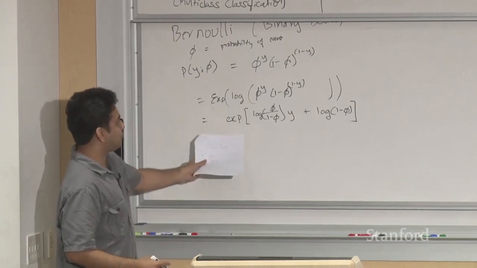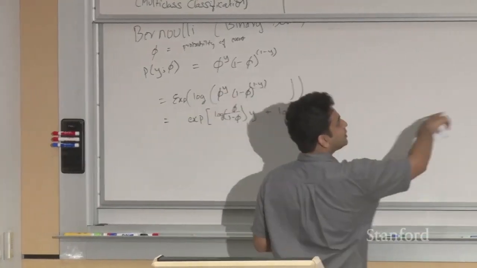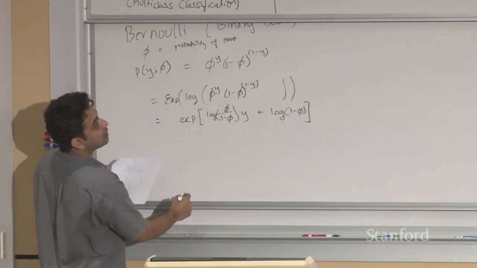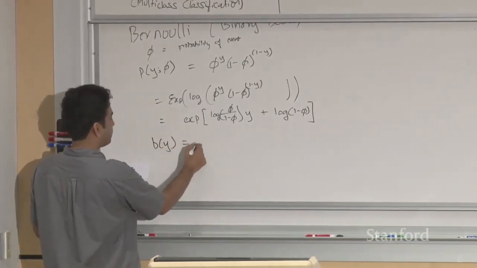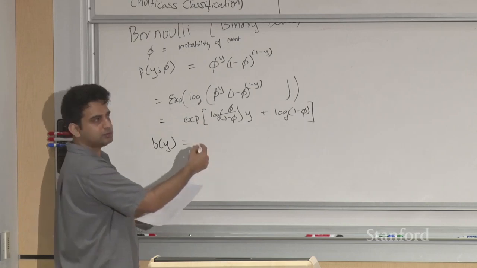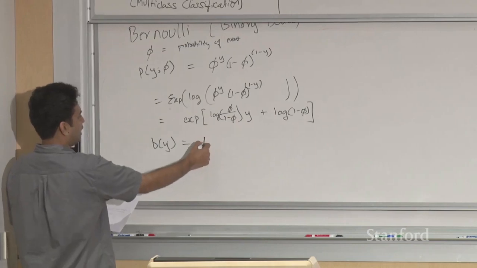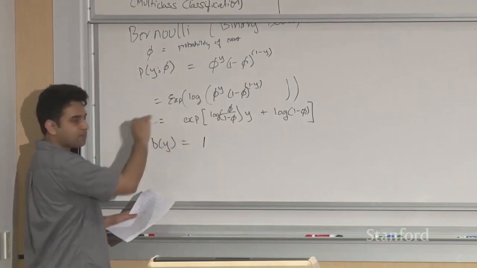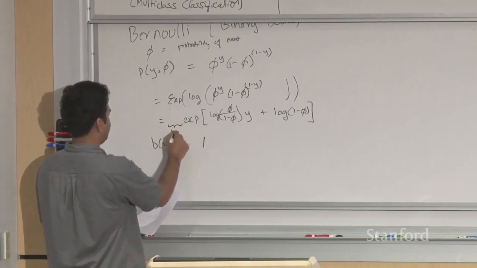But once we have it in this form, it's easy to start doing some pattern matching from this expression to that expression. So what we see here is the base measure b of y. If you match this with that, b of y will be just 1 because there's no b of y term here.